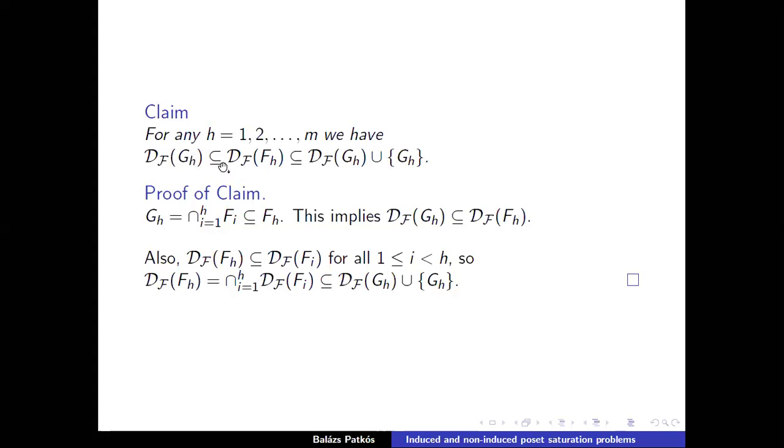The first part is easy because G sub h is just the intersection of the first h F sets, so in particular it is a subset of F sub h. Clearly the downset of a larger set contains the downset of the smaller set, so there is basically nothing to prove here.